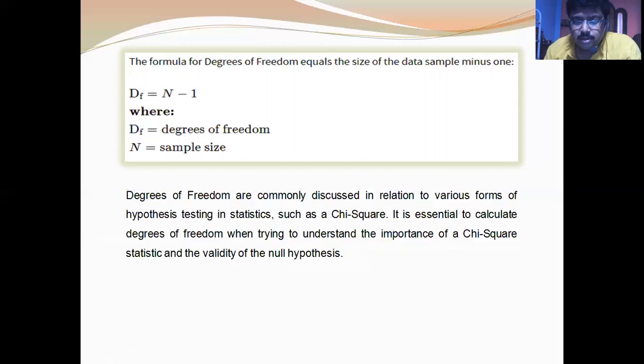Now, as I have mentioned, degrees of freedom is very useful in the chi-square test and t-test.